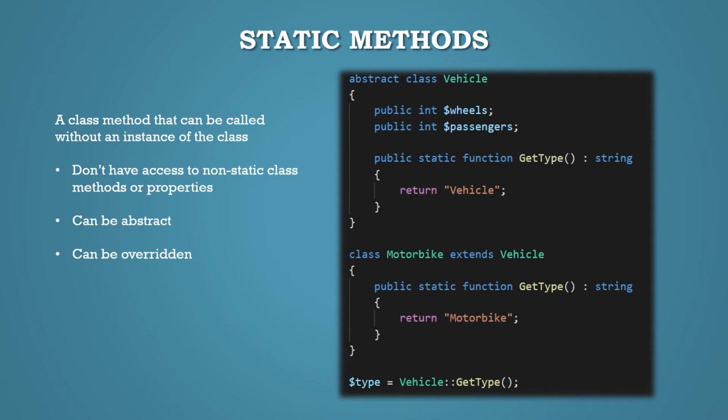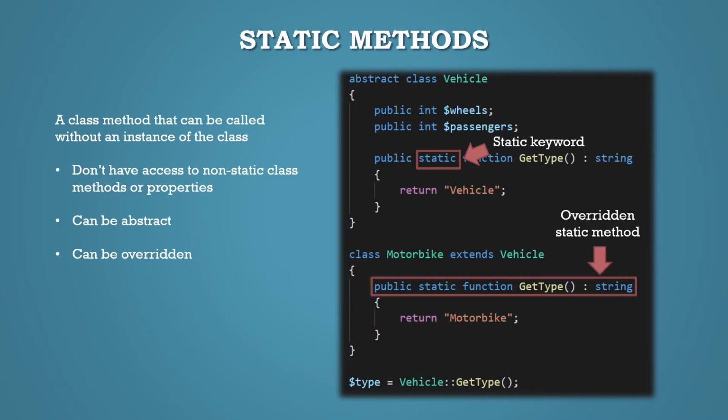For declaring a static method, you just specify the static keyword in front of the function declaration. And for overriding, you just need to have the exact same syntax as the method that you want to override, meaning that they need to share the accessibility keyword, they need to share the static keyword, they need to be named the same, and they need to return the same data type.